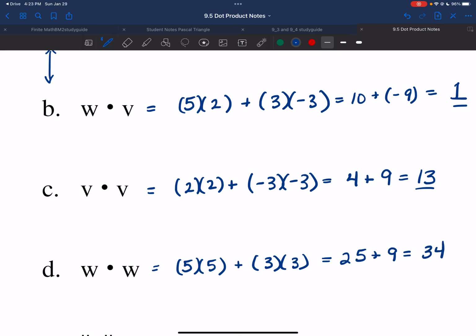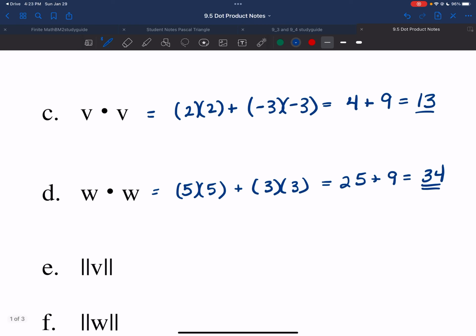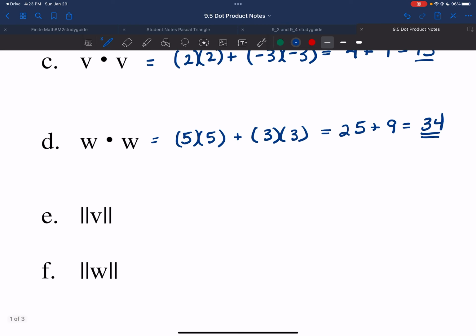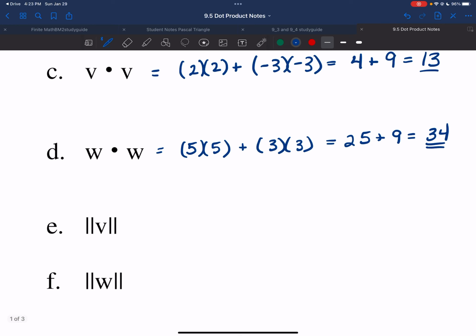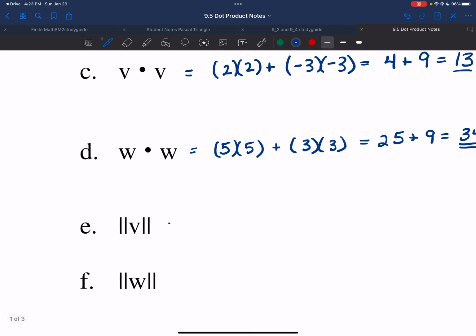Okay. And then the last piece, it wants us to find the quantity or the magnitude of each of those vectors. And we've done that before, right? So to find the magnitude of v, I'm going to take the square root of x squared plus y squared. So that's going to be my i value squared plus my j value squared. So that's 2 squared plus negative 3 squared.